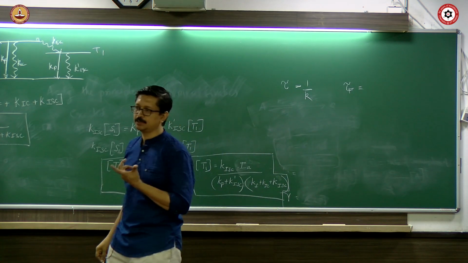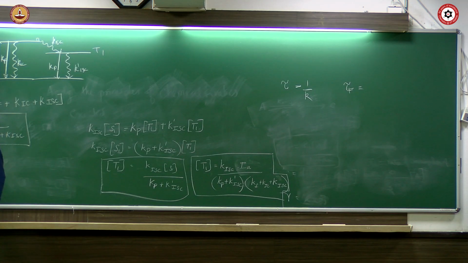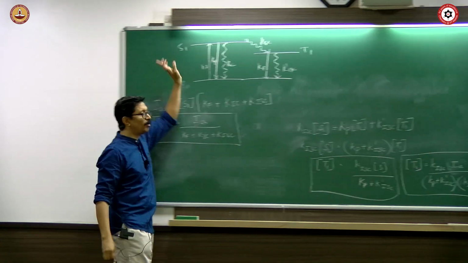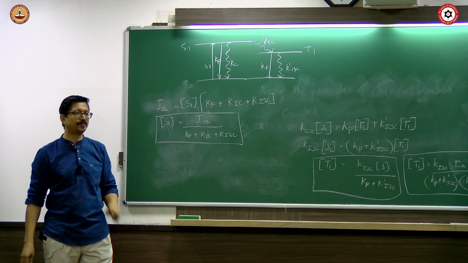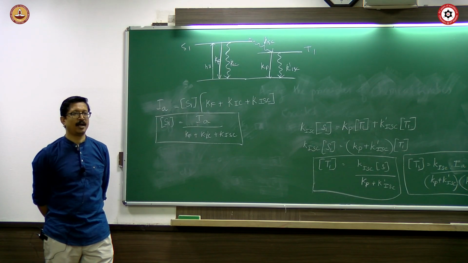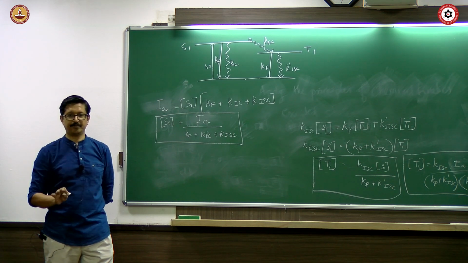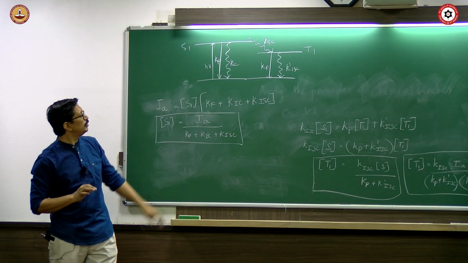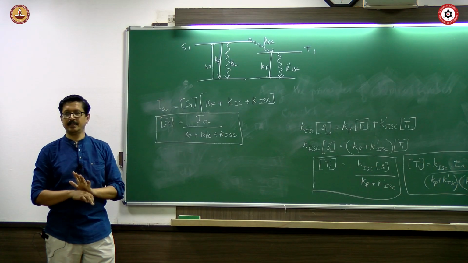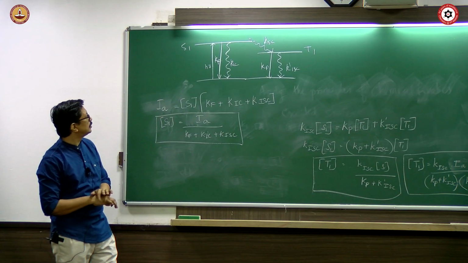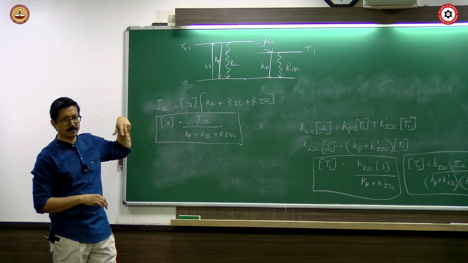Tau f is for what? Fluorescence lifetime, right? Now, fluorescence lifetime means lifetime of S1. So, how do you write it? 1 by, so there can be a confusion here. One is 1 by Kf, but Kf is not the only K that is involved in the process. IA is only absorption.